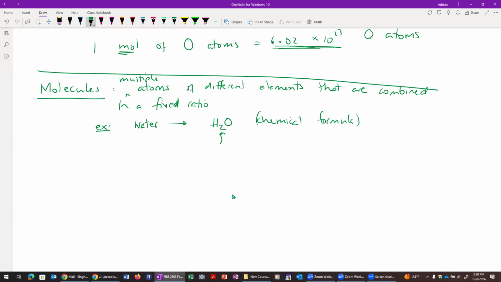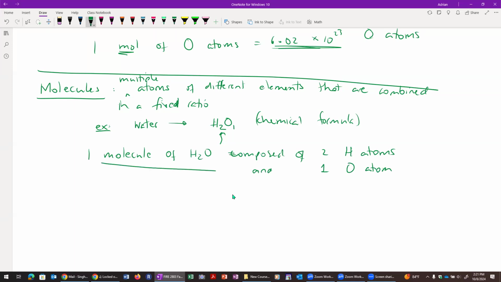So if I have one molecule of water, again, a molecule is a very, very small thing, it is composed of two hydrogen atoms. And when you don't see a subscript after the element, one is understood. So we have one oxygen atom. A singular molecule of H2O has two hydrogen atoms and one oxygen combined in that fixed ratio of 2 to 1, two H's to one O.